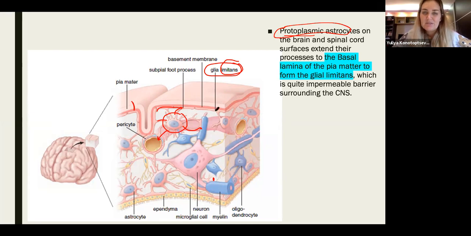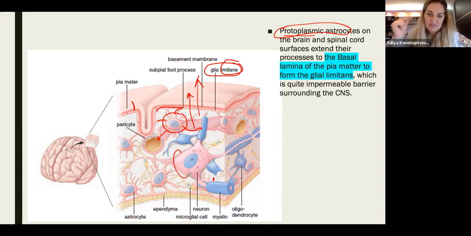Glia limitans prevents migration of neurons into the meninges. It makes sure that the neurons do not send their axons through the meninges someplace else. So it creates some sort of barrier that makes sure that there is no over migration, because honestly, neurons are very, very fast cells.